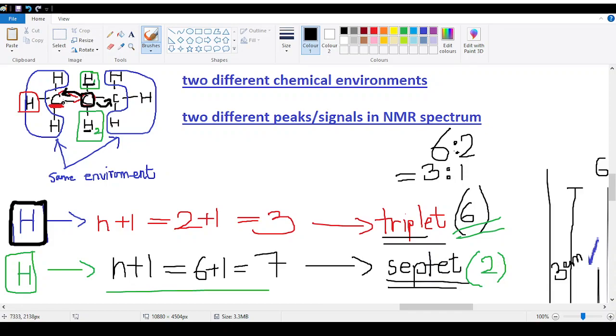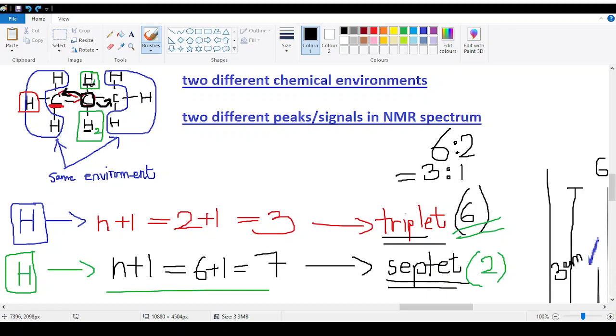And their neighbor was this middle carbon. Yes or no? Yes. So this hydrogen is joined to this carbon, and the neighbor of this carbon is this one. The neighbor has how many hydrogens? The neighbor has two hydrogens. So we will take 2 plus 1.